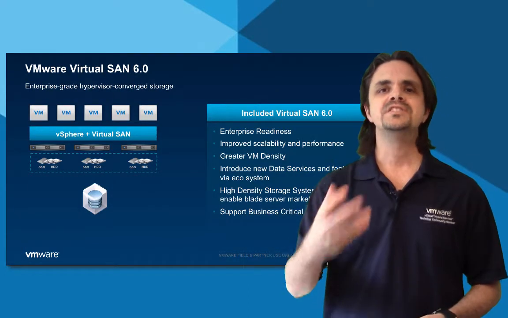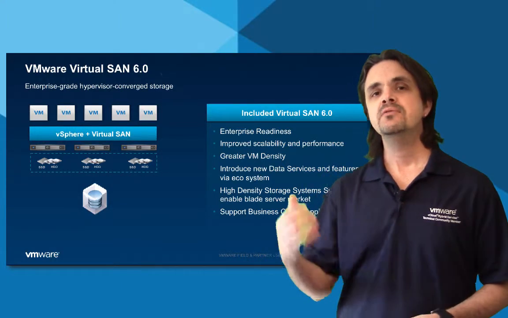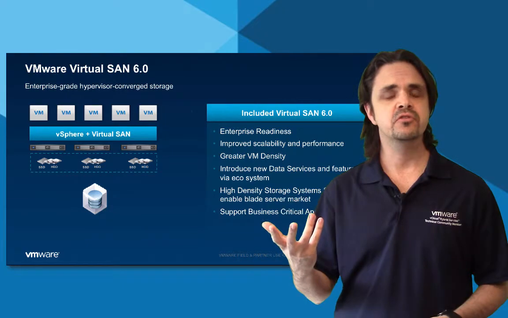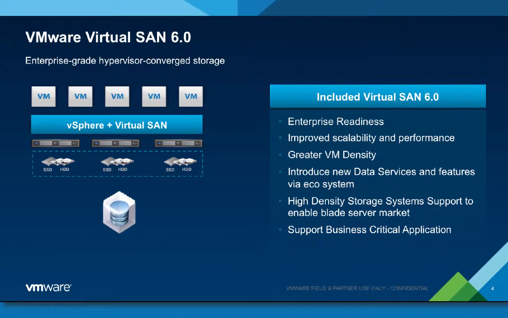So what's changed to allow it to grow this way? Well, if we take a look here at what's grown and what's changed, we now have that support for business critical applications. We have increased density and increased scalability given all the stuff that's bubbled into vSAN from vSphere 6. And we also have a whole new tier of data services.